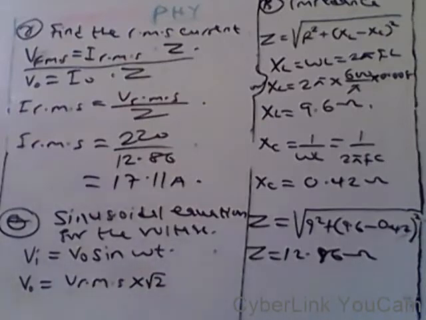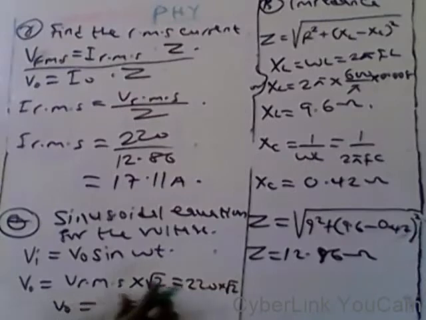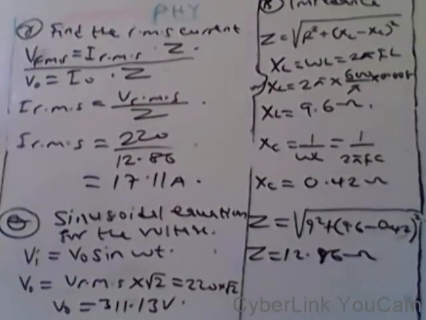So if you substitute the value of V root mean square, which is 220, 220 multiplied by root 2 will give us our V naught to be 311.13 volts. So that's our V naught.